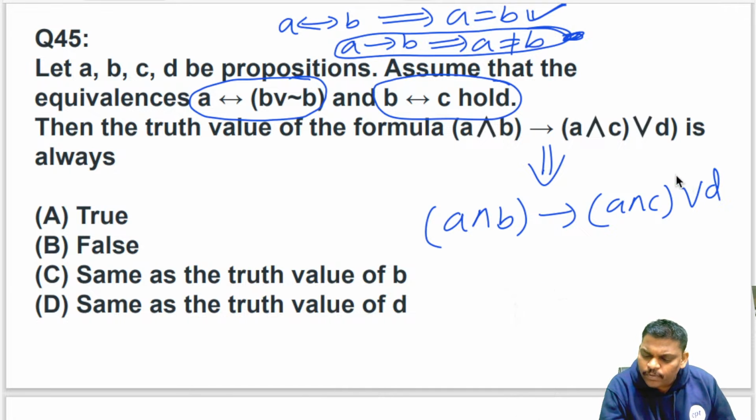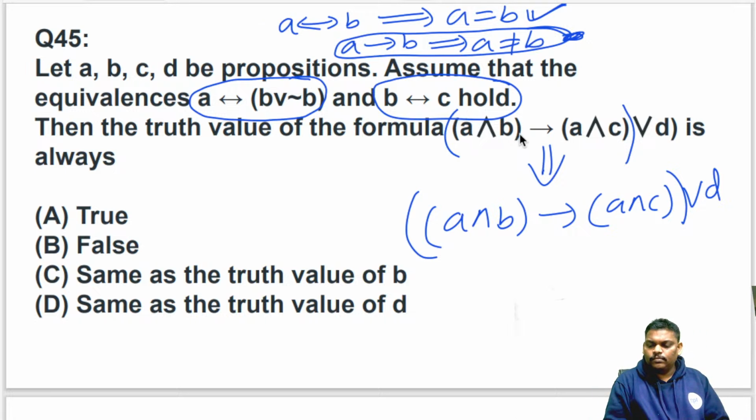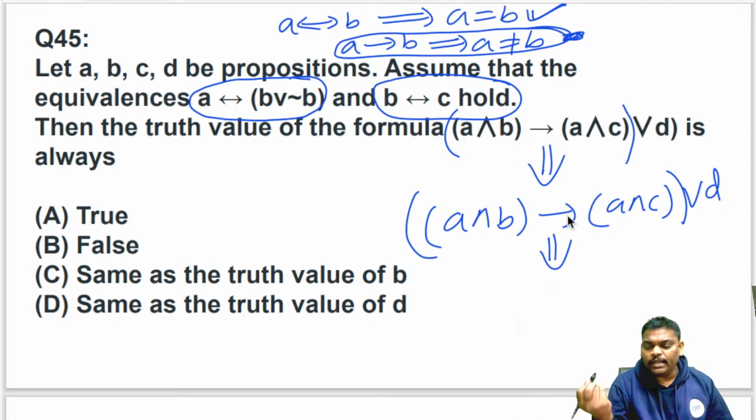If you want, I will keep a bracket also. Assume that this bracket is there. Okay, fine. So this can be written as, right? There may be many ways. Then the truth value of the formula is, if you want, you can take the table once again.